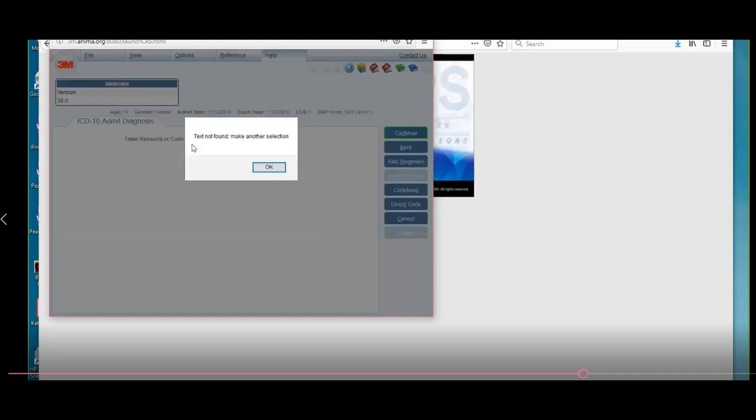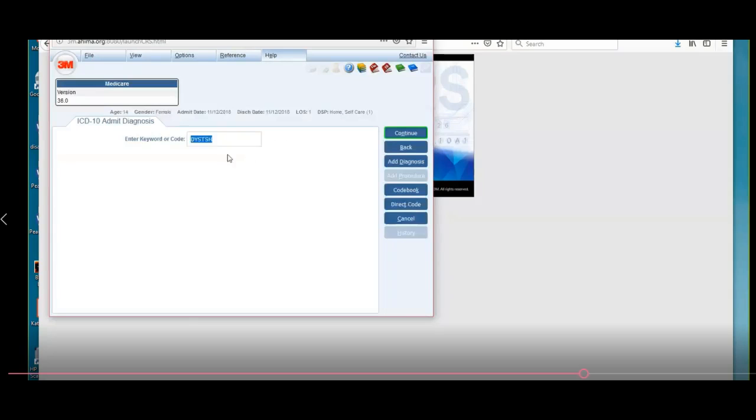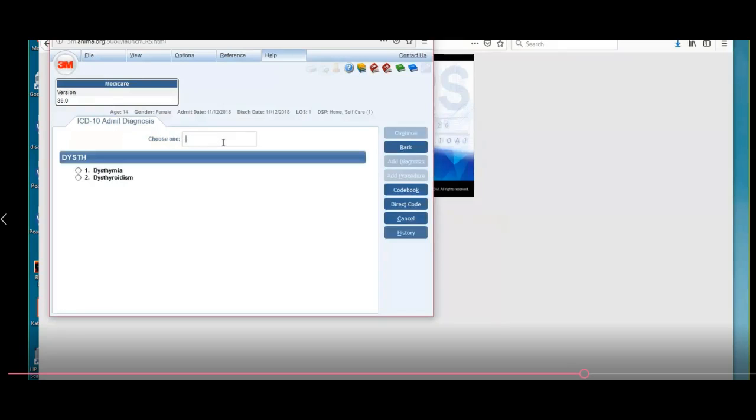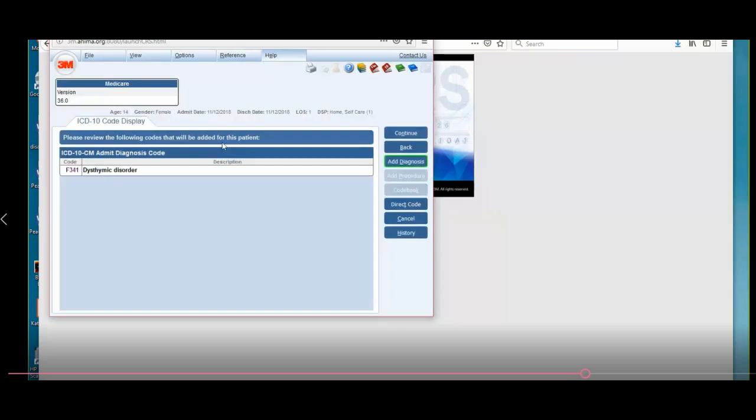So our first diagnosis is going to be the dysthymic disorder. And like I said last night, if you have the same admitting and discharge, or principal, diagnosis, you can put that in twice.